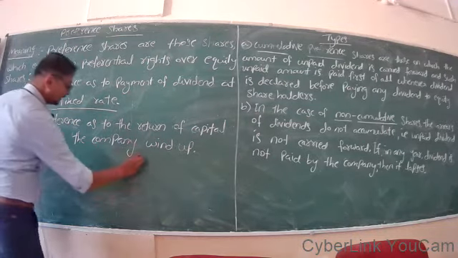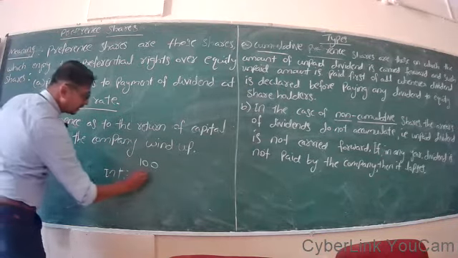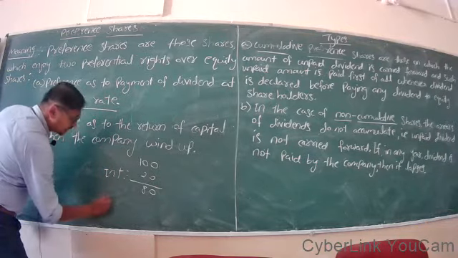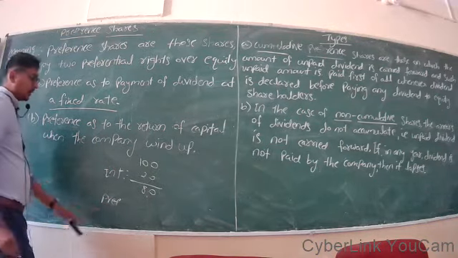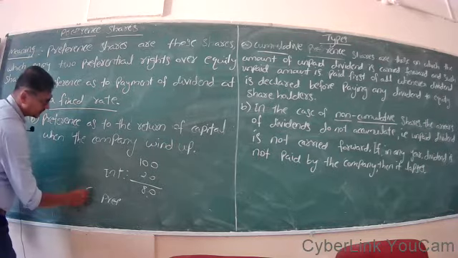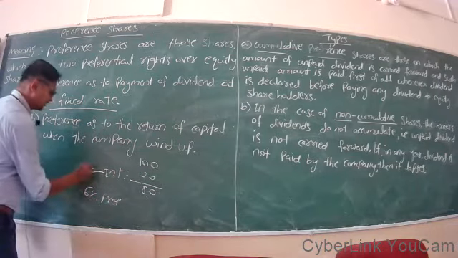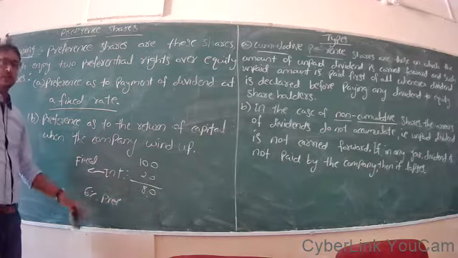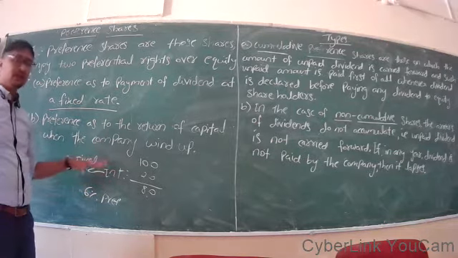Suppose the profit is 100 rupees and interest on the loan of 20 rupees is paid, leaving 80. Out of this profit, the preference dividend is paid. The preference dividend is a fixed percentage, just like interest is fixed. Preference shareholders also enjoy the right to a fixed rate of dividend.